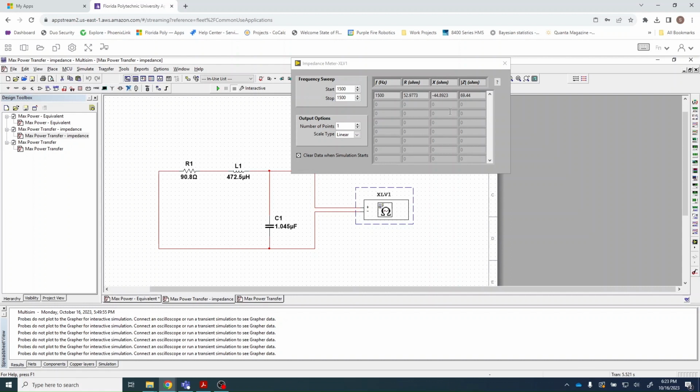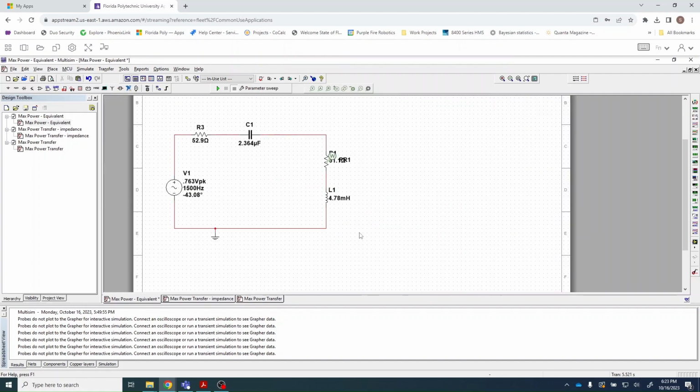So I'm going to select an inductor using my inductive reactance equation, which is 2 pi FL, that will provide me positive 44.8 or 9 or whatever it is. So I kind of rounded off some numbers, but this is the inductor value that I need at 1500 hertz in order to cancel out the reactance from this element.